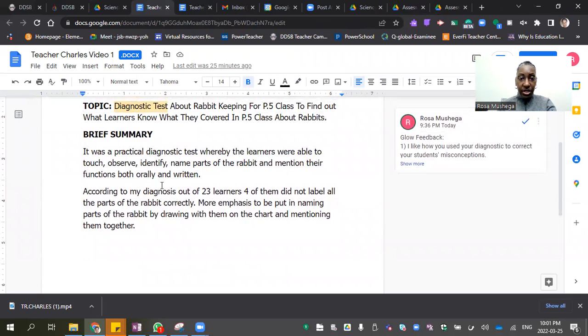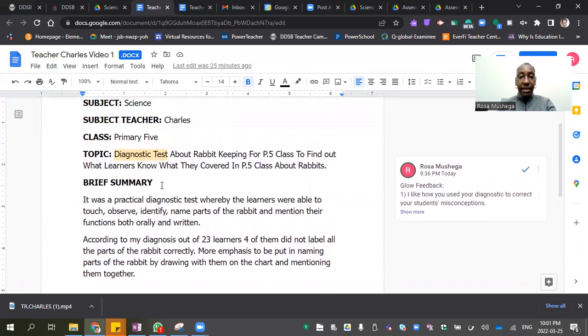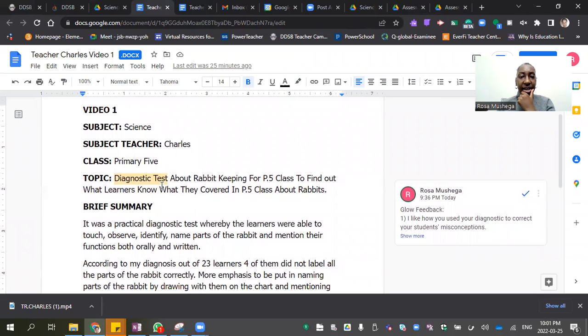So he said 23 learners, 4 of them were tested, 4 of them did not label the parts of a rabbit. So if I am going to teach about rabbit keeping, I would want to find out if students have ever seen a rabbit, if they know what a rabbit looks like, if they know what it takes to keep a rabbit, like in their own opinion.